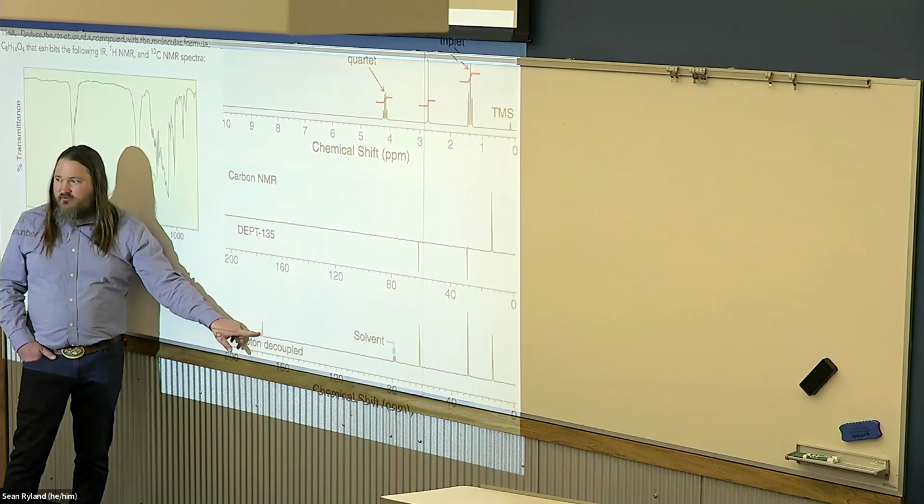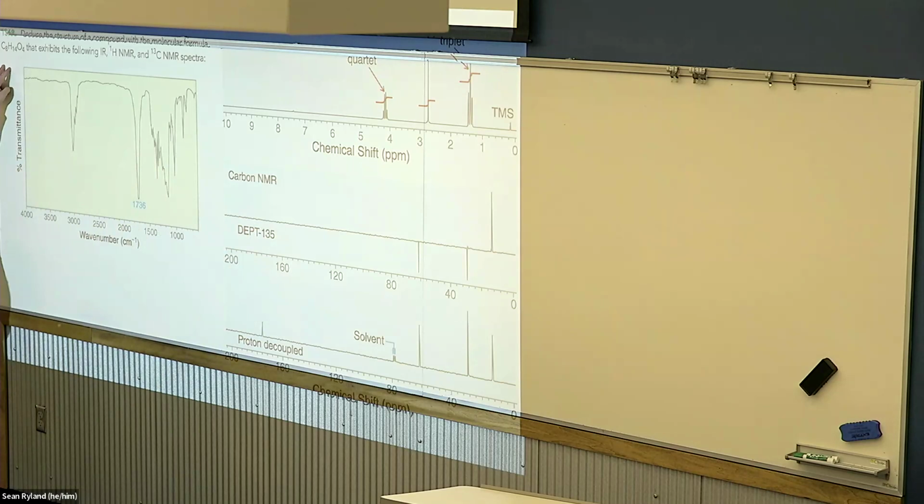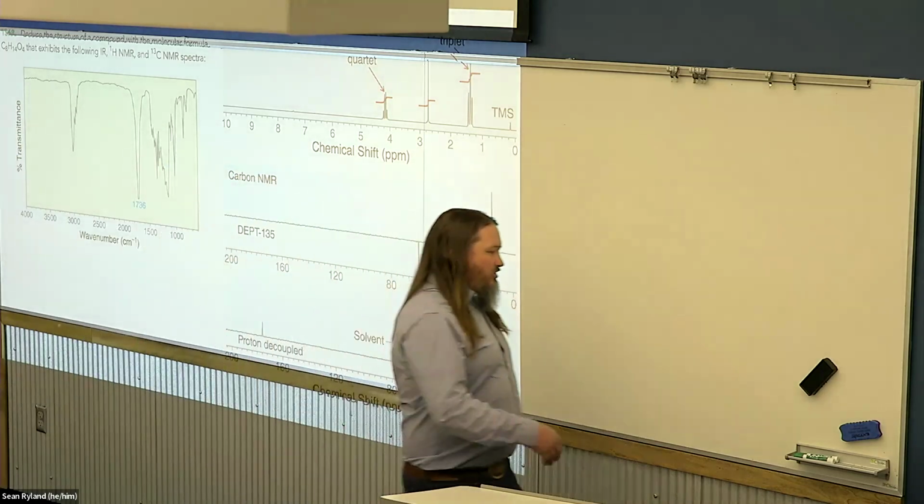So this one is probably our carbonyl carbon, it's so far deshielded. That makes sense, so it should be a totally symmetric molecule in some respect, right? 4 carbon signals, 8 carbons total.